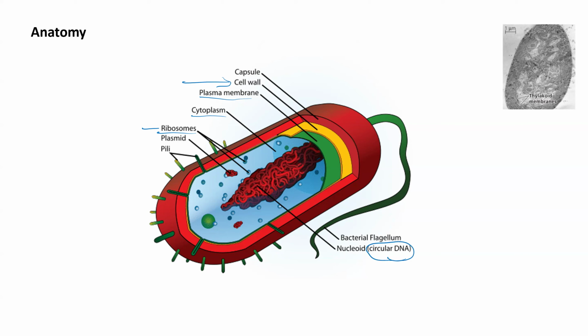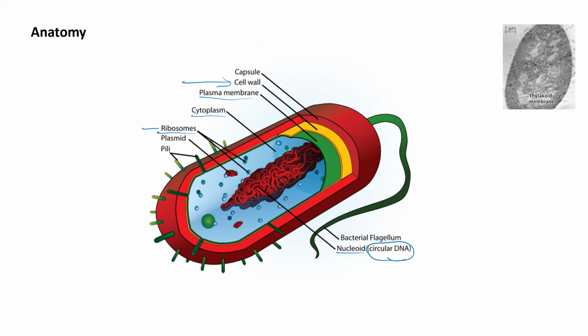Let's start with the circular DNA, and it's found in a region called the nucleoid. Remember, prokaryotes don't have membrane-bound organelles, so they don't have a membrane-bound nucleus, but they have a region where the circular DNA is found, and it doesn't look circular, but if you unwound it, you would see that it is in fact a circle.